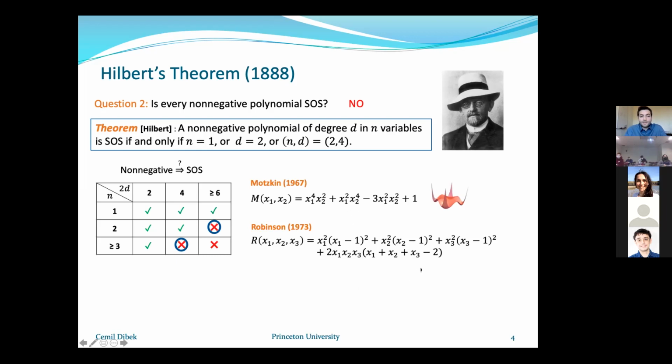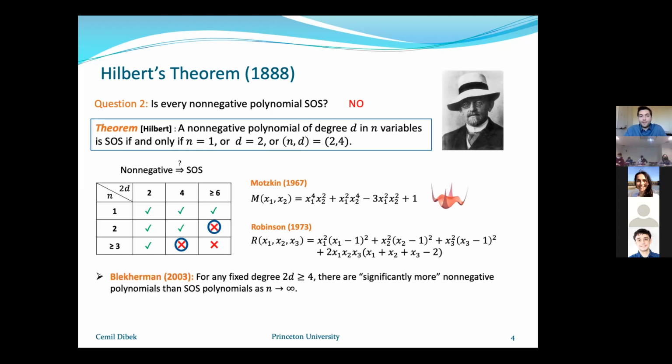And then a few years later, Robinson gave this example for the case (3,4). Okay, so these are the first non-negative but not SOS polynomials that appeared in the literature. But then in 2003, Blekherman showed that, in fact, if you fix the degree, and if you let the number of variables go to infinity, there are many more non-negative polynomials than SOS polynomials.